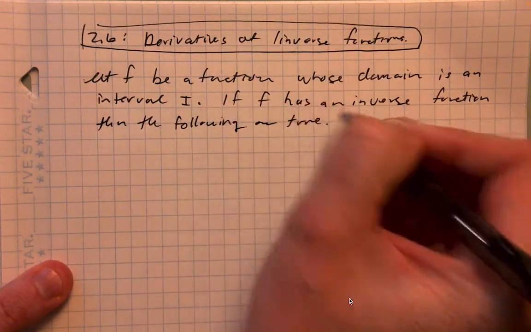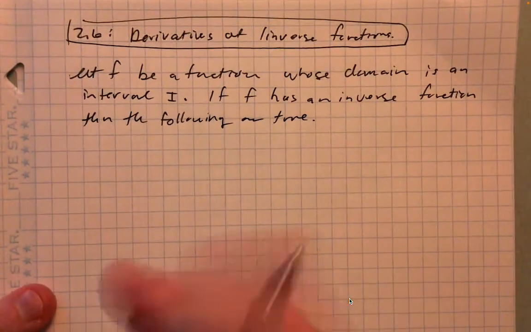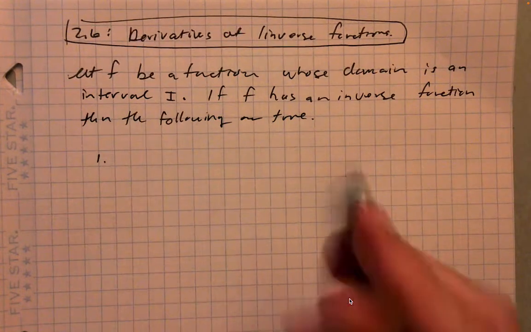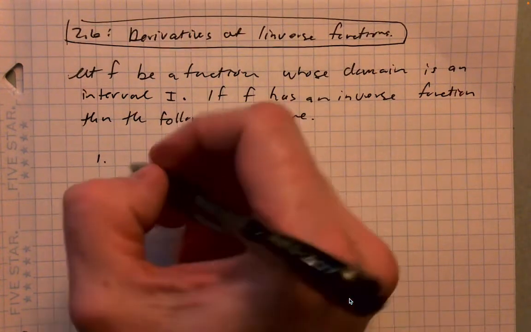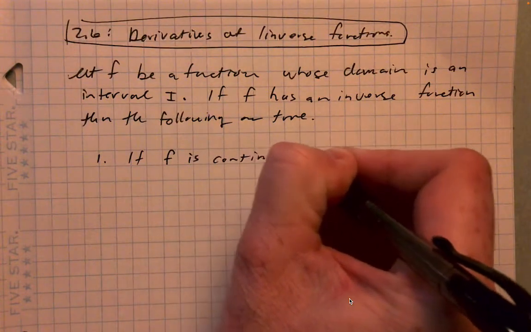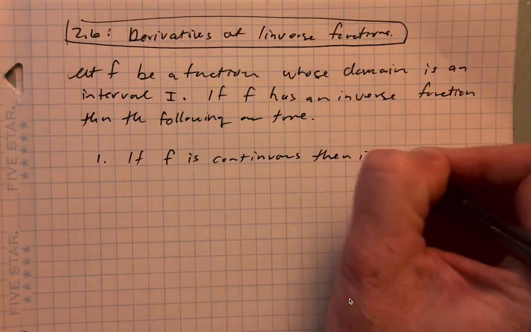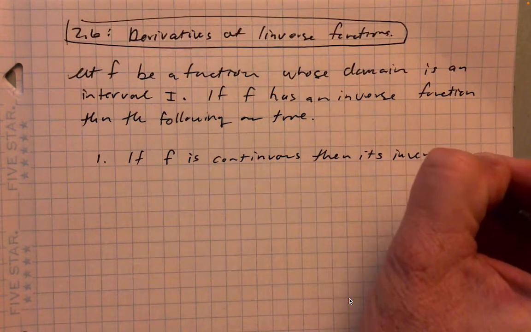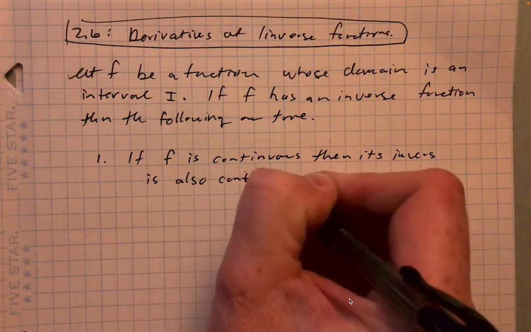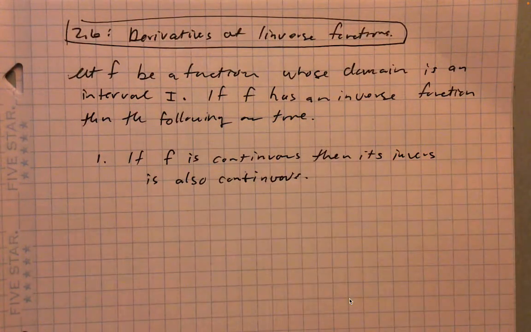So first thing that's true is that if f is continuous, then its inverse is continuous. Well, that's nice, right? And I guess that's probably to be expected. We're not going to prove that, but that's probably not a stretch. f being continuous implies that f inverse is continuous.